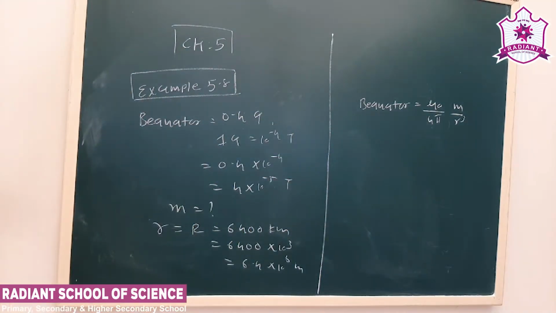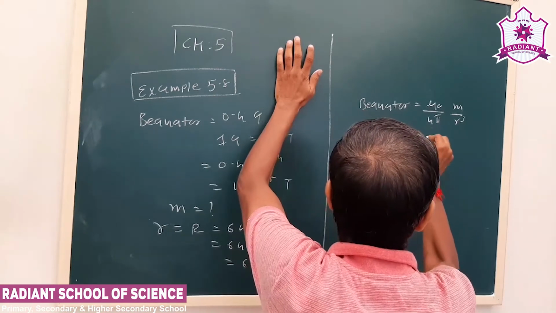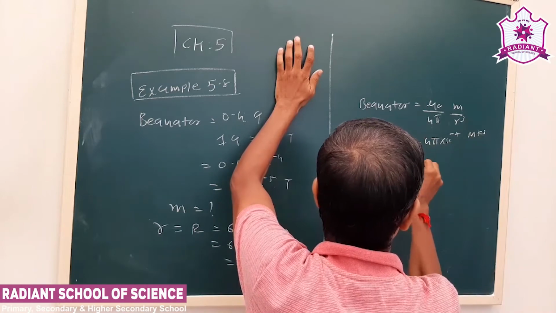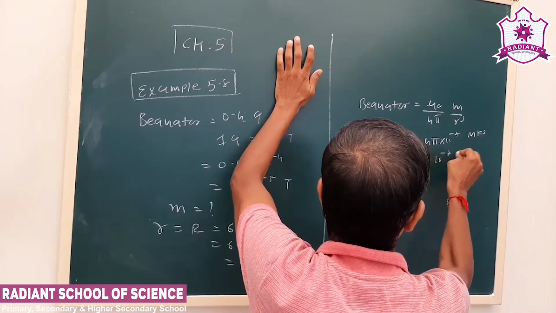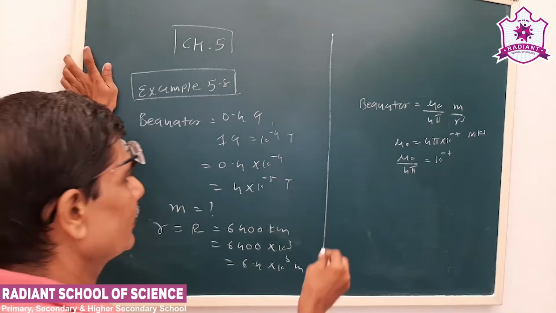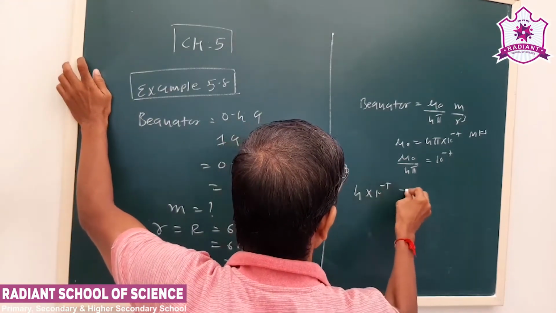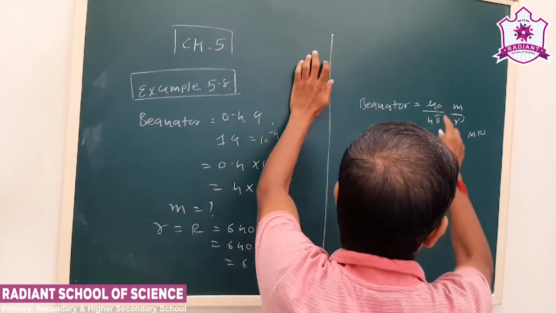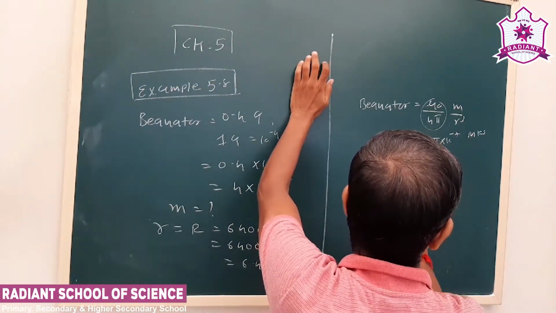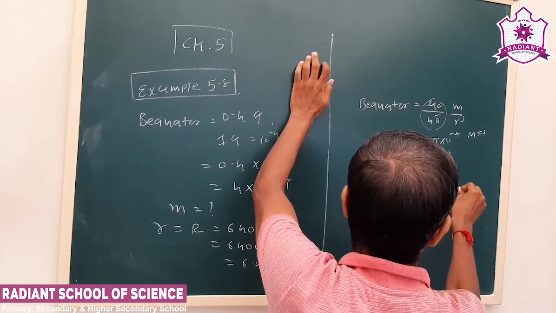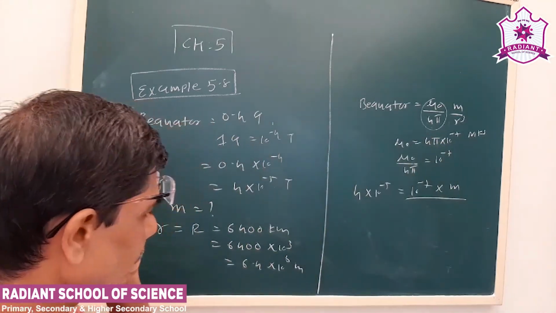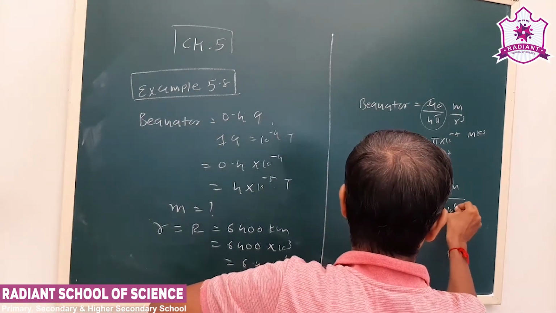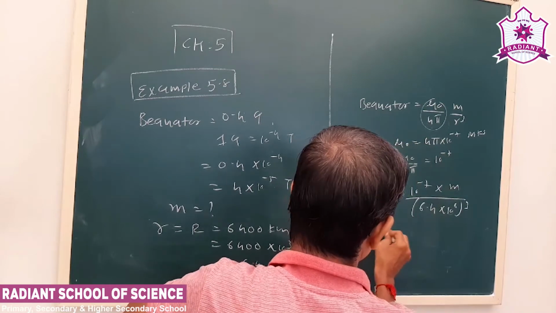Again mu0 is 4 pi into 10 to minus 7 in MKS units, so mu0 upon 4 pi is 10 to minus 7. So 0.4 into 10 to minus 4, that is 4 into 10 to minus 5, equals 10 to minus 7 into m, which we have to find out, upon r cube, where 6400 kilometer converted to MKS units is 6.4 into 10 to the 6 meter. So we make m the subject of the equation.